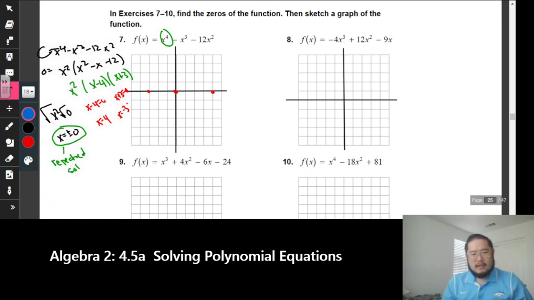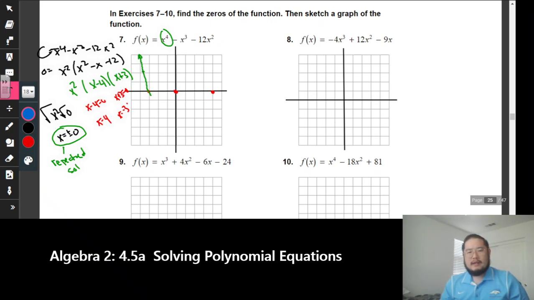start right here, it should be up on the left-hand side, and it's going down. And it's going to go down through negative 3. Now, here's the thing. Without a graphing calculator, I don't know exactly how far down it goes and exactly where it's turning.